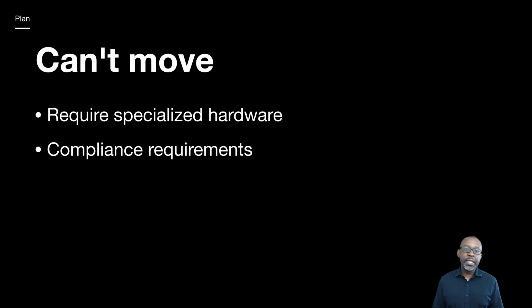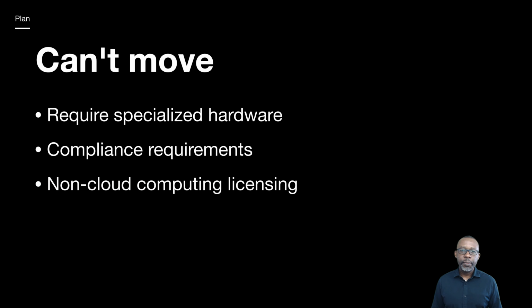These constraints may dictate where the application can run. And if the cloud provider doesn't have facilities in that specific region, a move to the cloud will not be feasible. And finally, if the licensing requirements for the workload cannot be accommodated in the cloud, the customer will not be authorized to run the workload in the cloud.